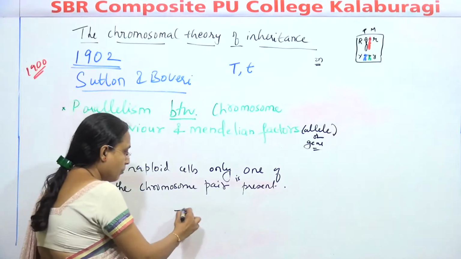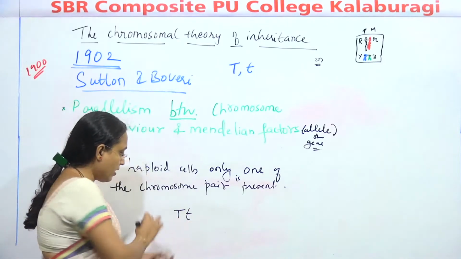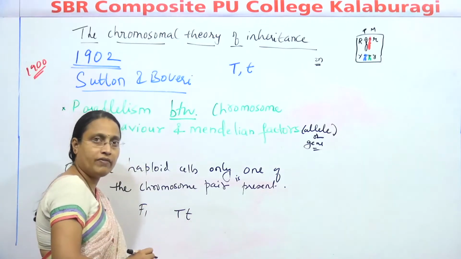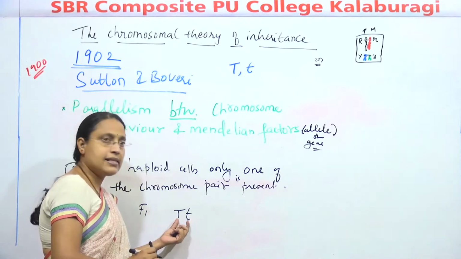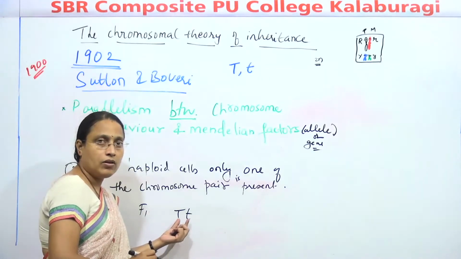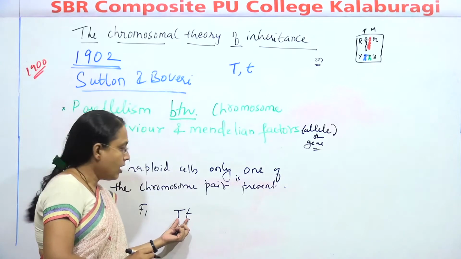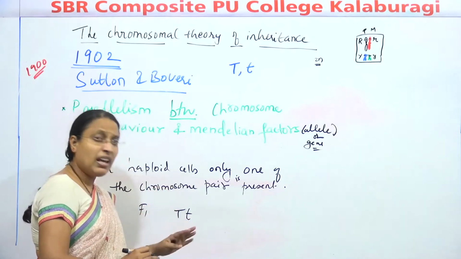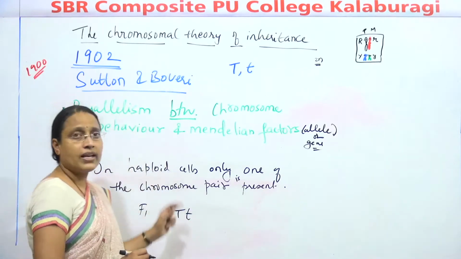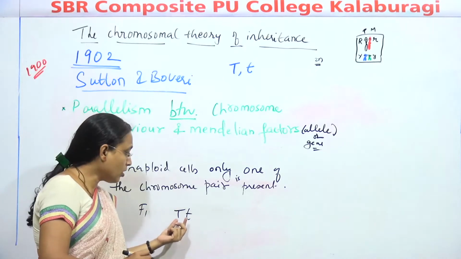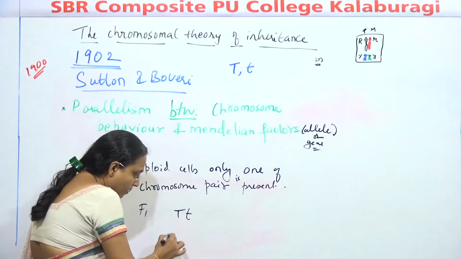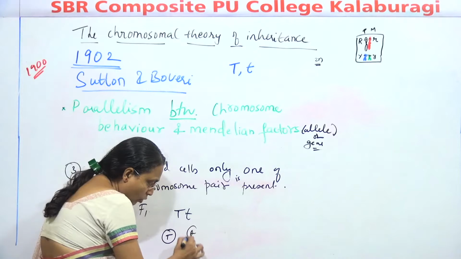See, he says in the diploid cell, suppose this is the parent, in the F1 generation it becomes a parent for the F2 generation. Suppose this parent has a pair of chromosomes, and in a parallel way, Mendel told that out of this pair, only one will form a gamete. This will enter one more gamete.